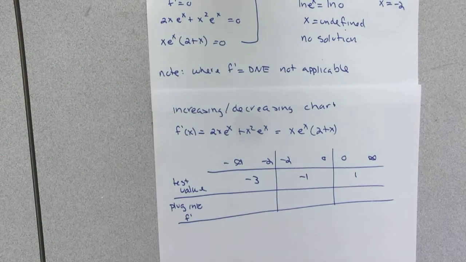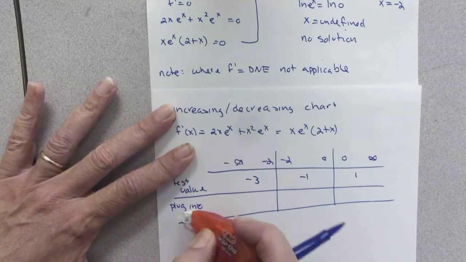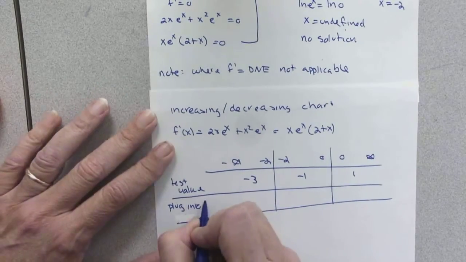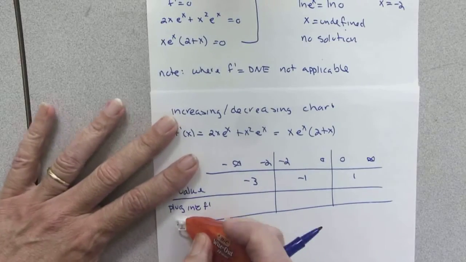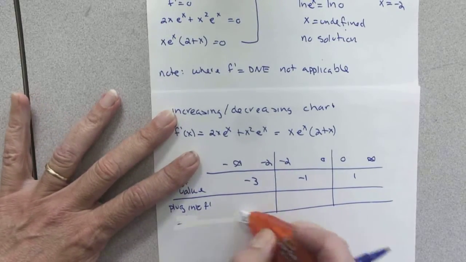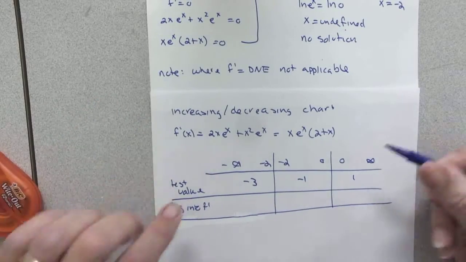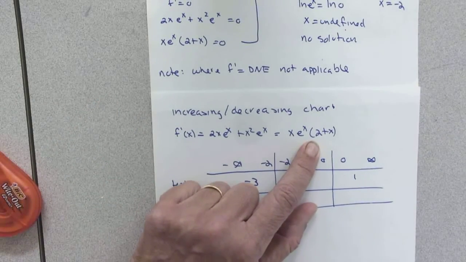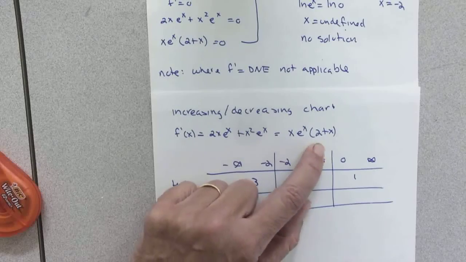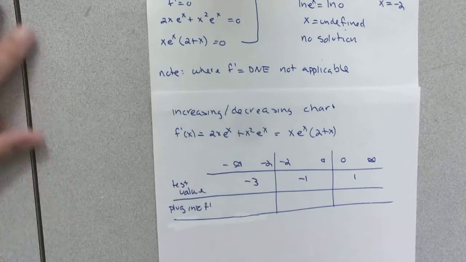Now remember, all I need to know here is the sign. You can find the full value if you want, but all I really need is the sign. Since I have it factored, I can just plug into this factored version and see what I get.